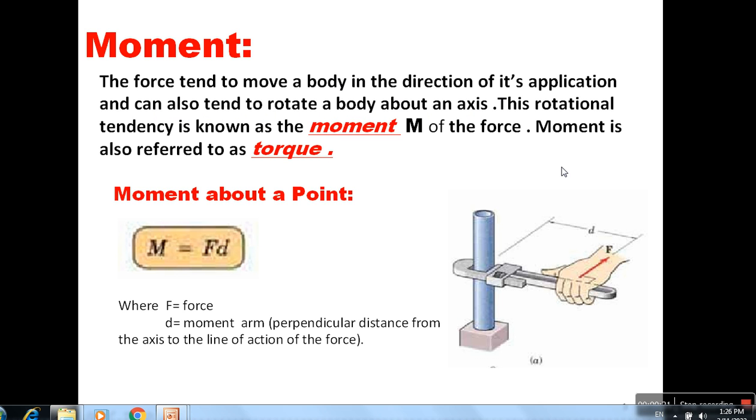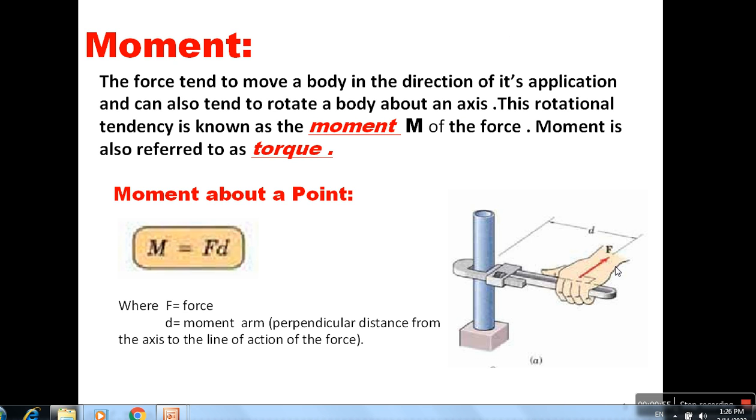So if a force tries to move a body in its direction of application and can also try to rotate a body about an axis, we call this rotational tendency moment.